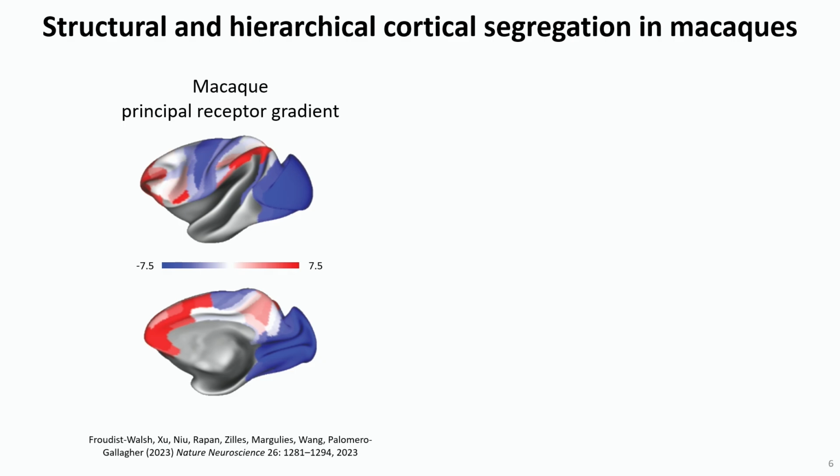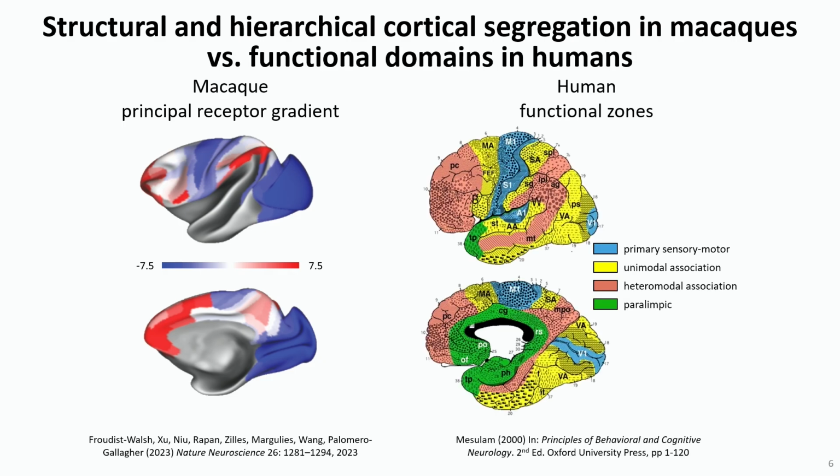One of the things that he did was to project the scores of the first principal component onto the macaque monkey brain. When I looked at the distribution of the blues and the reds and the whites, it reminded me so much of the drawing that Marsel Mesulam published in his seminal work on the principles of behavior and cognition, where you have functional sensory, motor, and associational cortices.